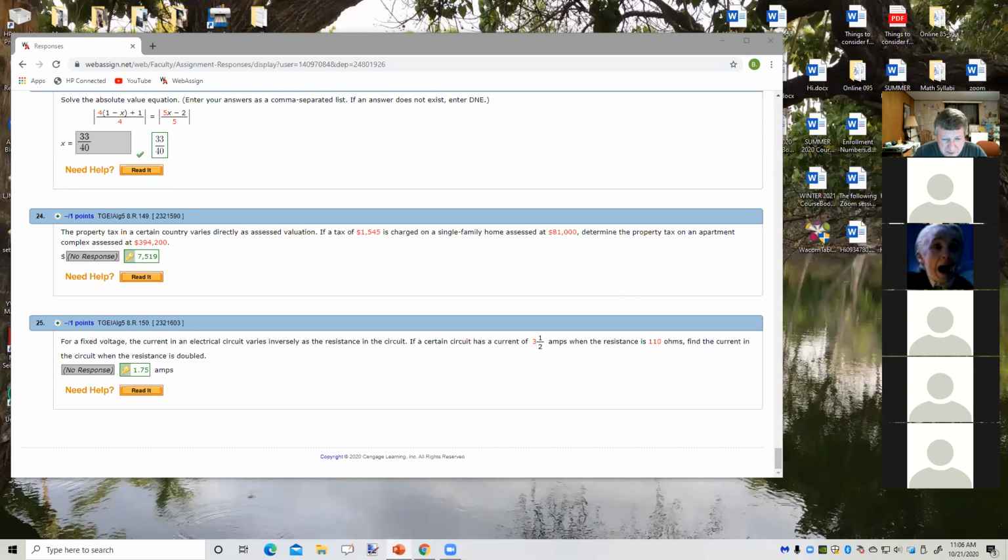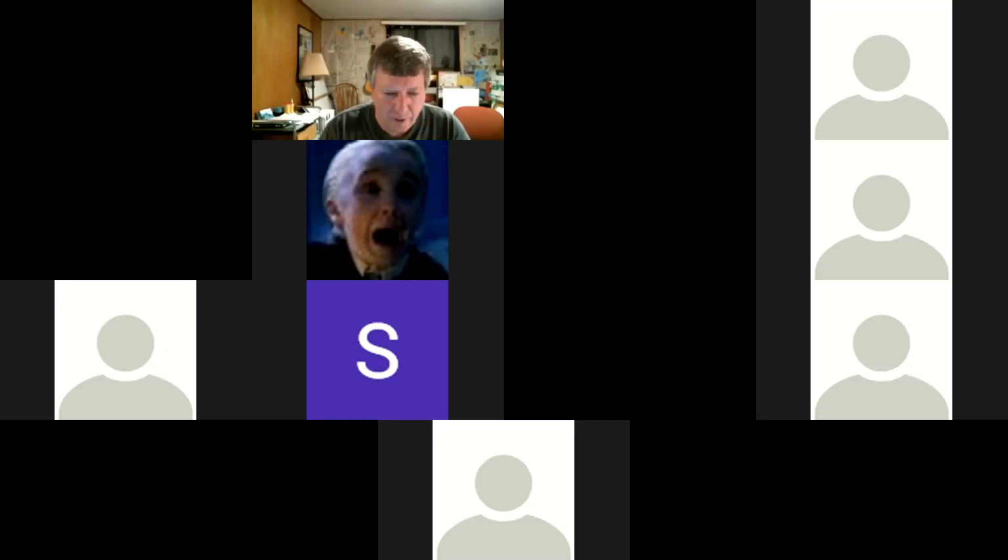So C equals K over R, where C is current and R is resistance. So my formula looks like that.